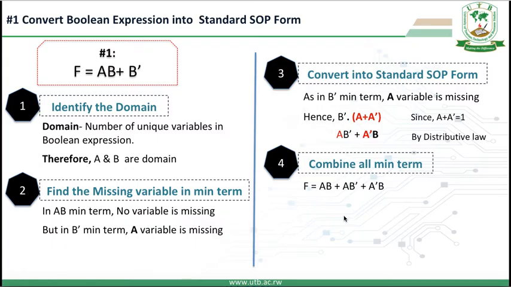When you are doing this, and if you have many min terms, it can happen that AB is repeating. When it is repeating, remove one.